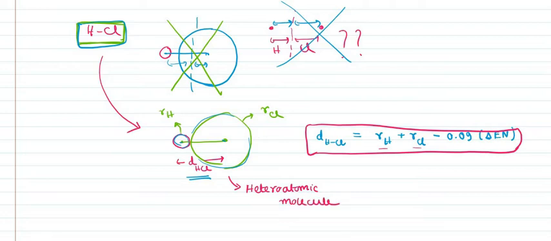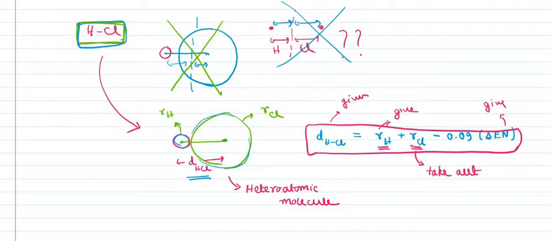We can determine the radius of one unknown atom if the other one is given, like hydrogen is actually given, the electronegativity difference is given, the distance is given, then you can easily calculate the radius of chlorine from this.